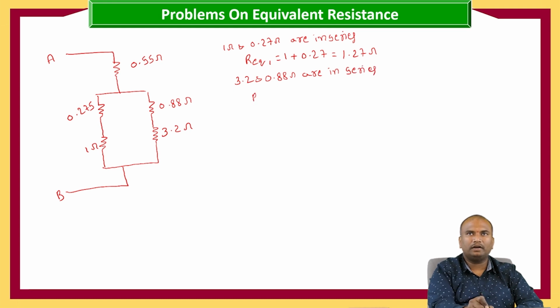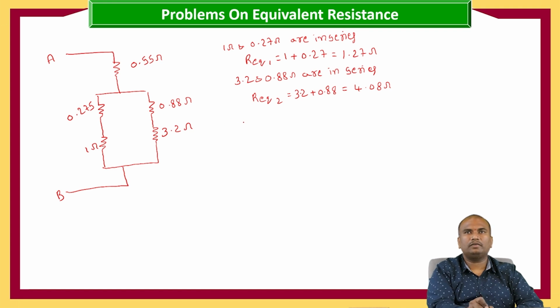That is R equivalent 2 is equals to 3.2 plus 0.88, which is equals to 4.08 ohms.